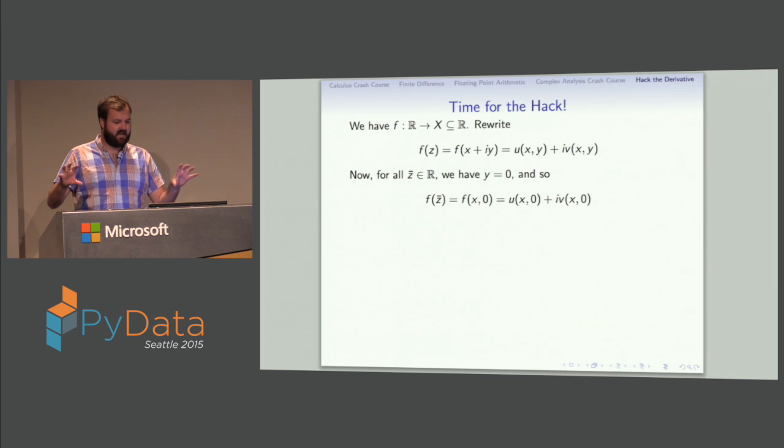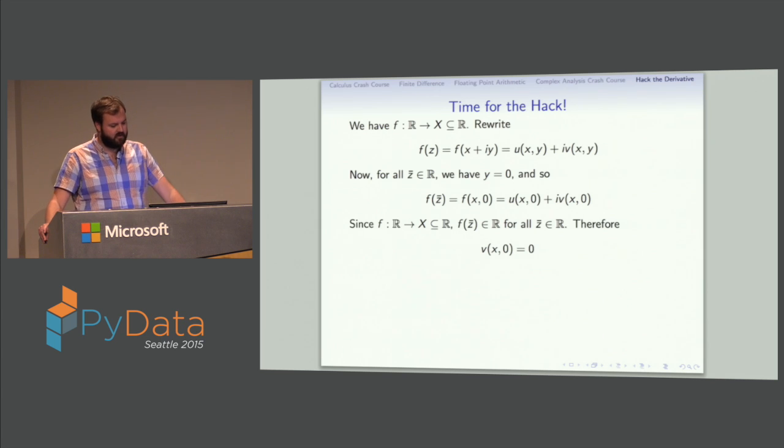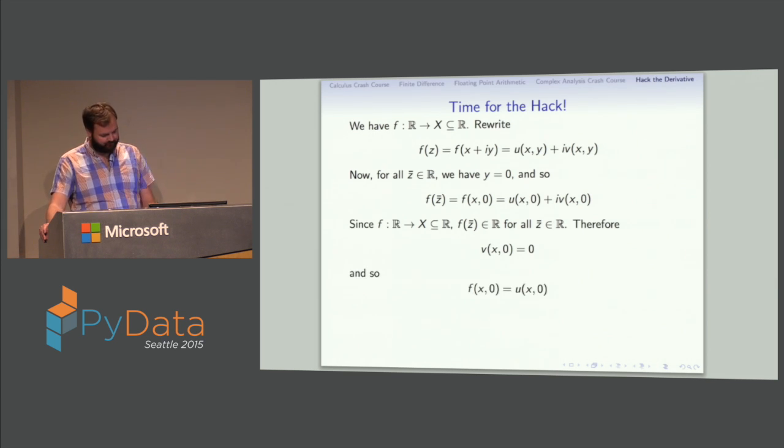Then we can separate that into the two functions, just like above, and we have u of x,0 plus i times v of x,0. Additionally, since we're mapping onto R, we know that the v part is going to be 0, and so we get f of x,0 equals u of x,0.